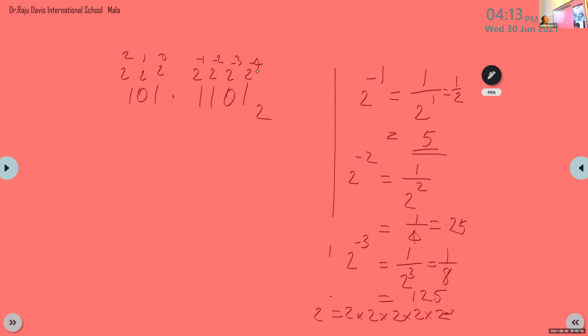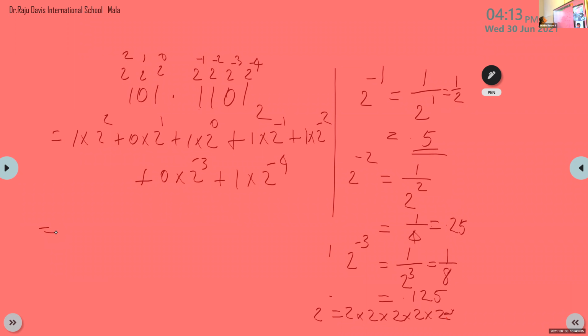Is it clear? Yes, ma'am. Then write 1 into 2 raised to 2 plus 0 into 2 raised to 1 plus 1 into 2 raised to 0 plus 1 into 2 raised to minus 1 plus 1 into 2 raised to minus 2 plus 0 into 2 raised to minus 3 plus 1 into 2 raised to minus 4.